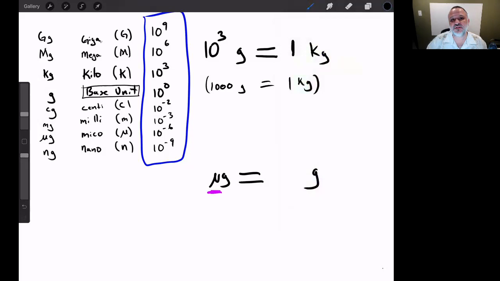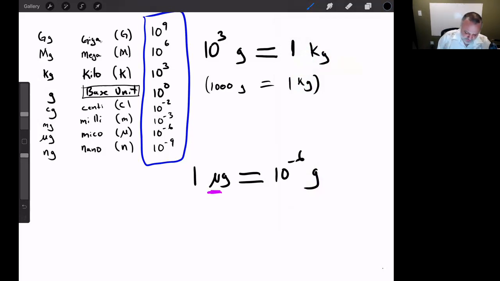What's the definition of micro? The definition is the order of magnitude. So what's the definition of micro? It's 10 to the negative 6th. Where does it go? It goes with the base unit. Now this equality is true. 1 microgram is equal to 10 to the negative 6 grams.